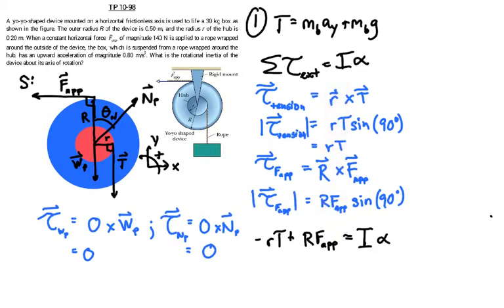Okay, so the first force we have applied to our pulley is the tension force. And so the torque created by the tension force is little r vector crossed with our tension vector.